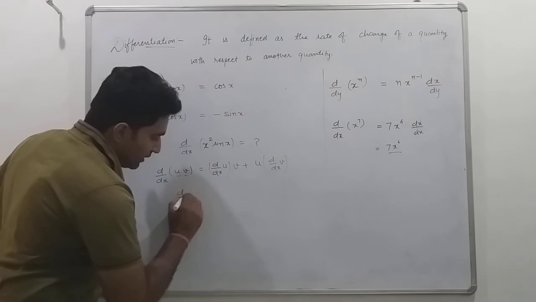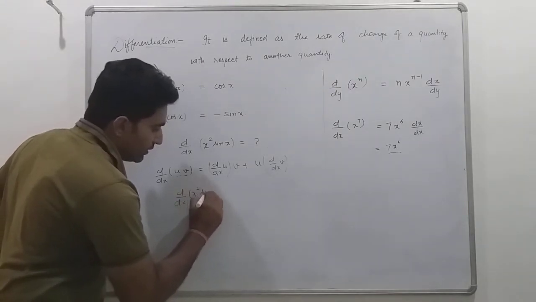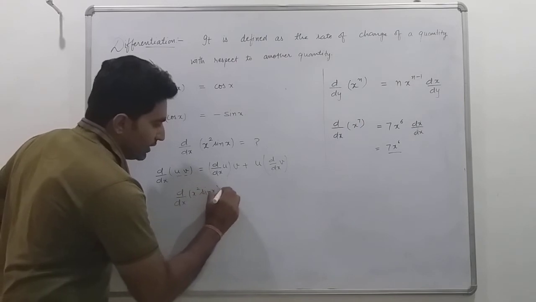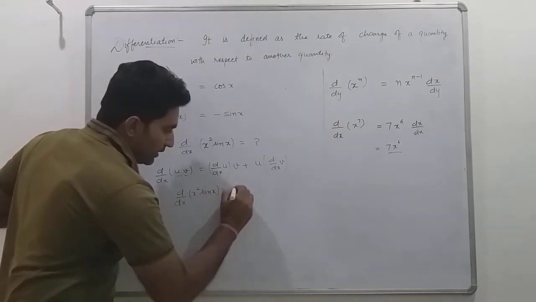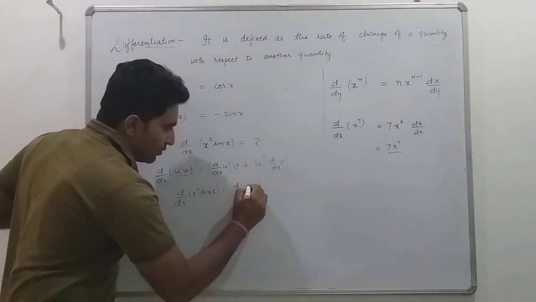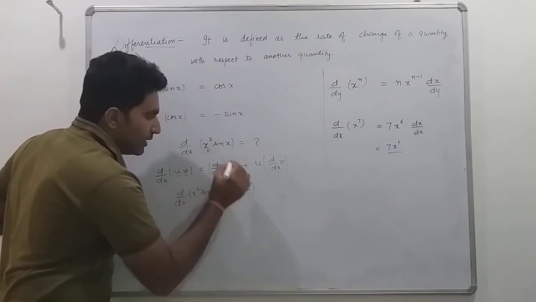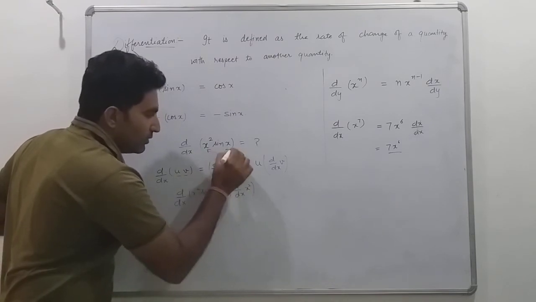Then d by dx of x square sin x will be equal to d by dx of x square, because in place of u we have x square and in place of v we have sine x.